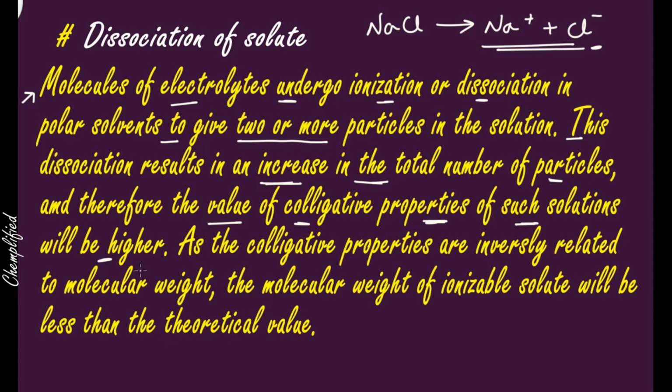Why will they be higher? Because colligative properties are inversely related to molecular weight. The molecular weight of the ionizable solute will be less than the theoretical value. Or in other words, colligative properties depend on the number of particles of the solute, and since the number of particles is increasing, the colligative properties will also have a higher value. Alright, so this is your dissociation of solute.